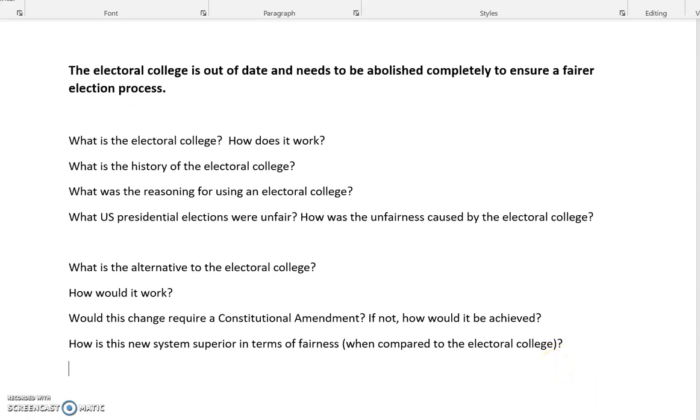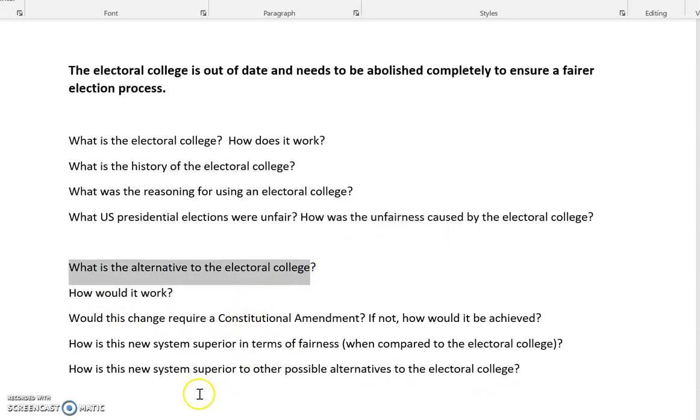And further, we would need to explain, how is this new system superior to other possible proposals, to other possible alternatives to the Electoral College? So surely, there are other ways that we could elect a president than the way that this person is arguing for. So how is the new system superior to some of those other possible ways that maybe we haven't discussed?